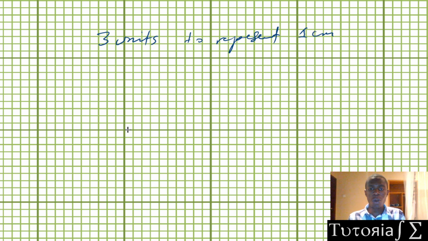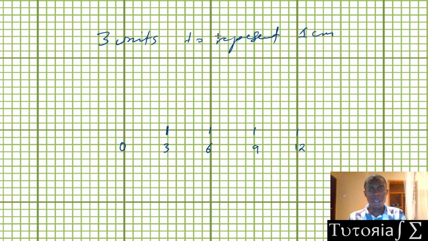So we know that 1 centimeter is from halfway of this box, so it is somewhere there. So that will be your 0, 3, 3 plus 3, that will be your 6 there. Then halfway again, that will be your 9. Halfway, that will be your 12, and so on and so forth.